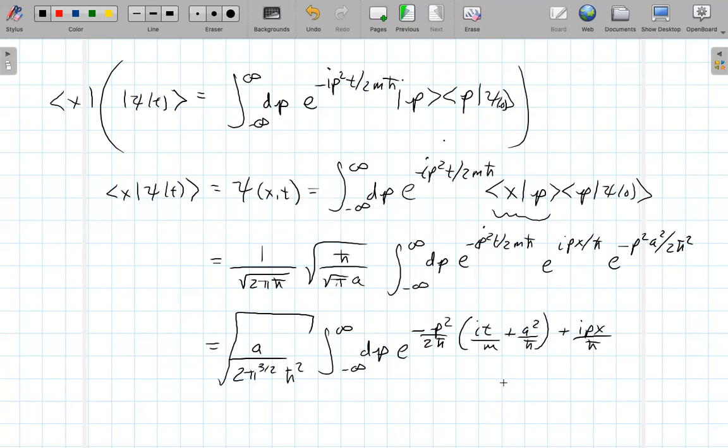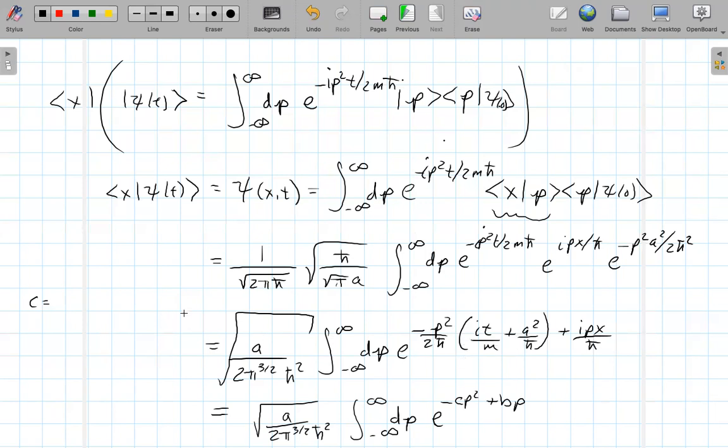Guys doing okay? Good. So this goes as p squared. This one goes linear in p. So I'm going to define this as the square root of a divided by 2 pi 3/2 h bar squared, integral from minus infinity to infinity of dp times e to the minus, let's call this c p squared plus b times p, where c is equal to what?